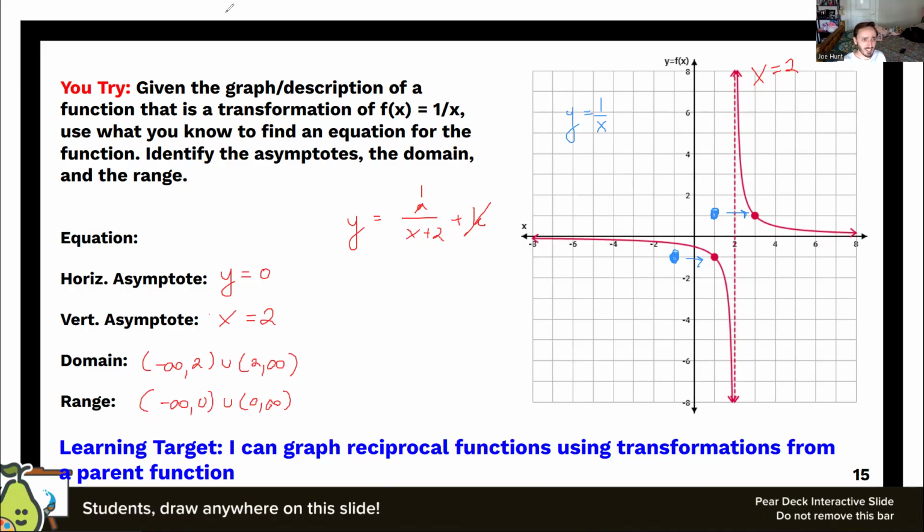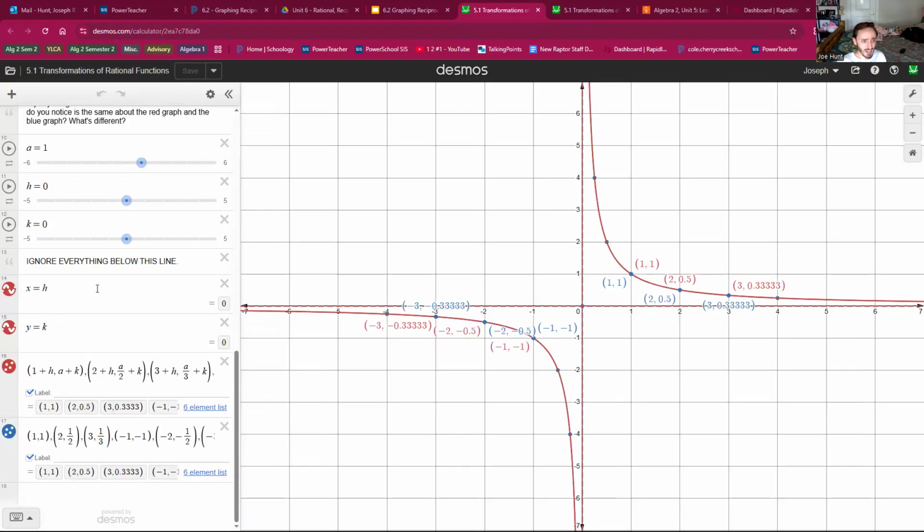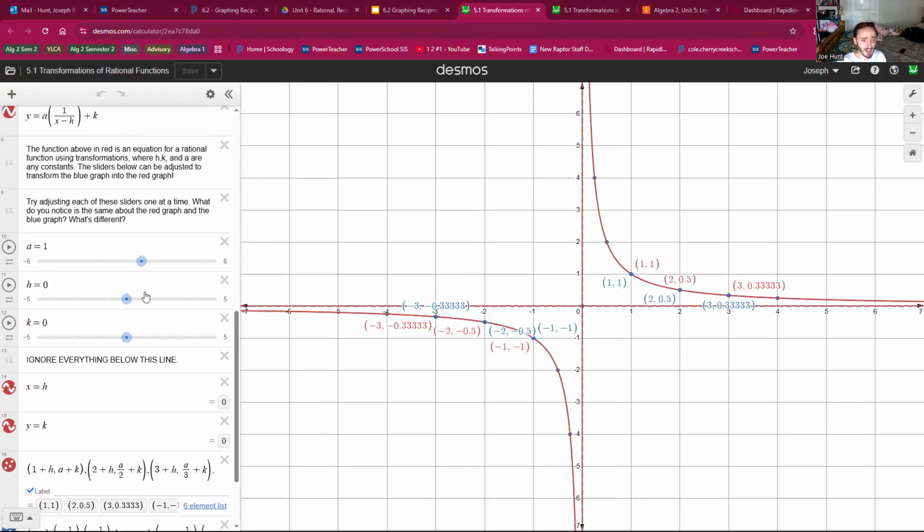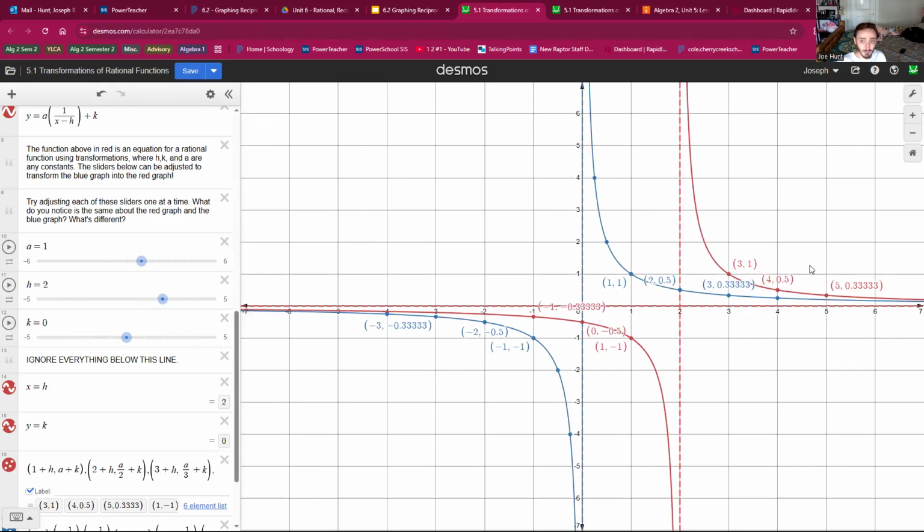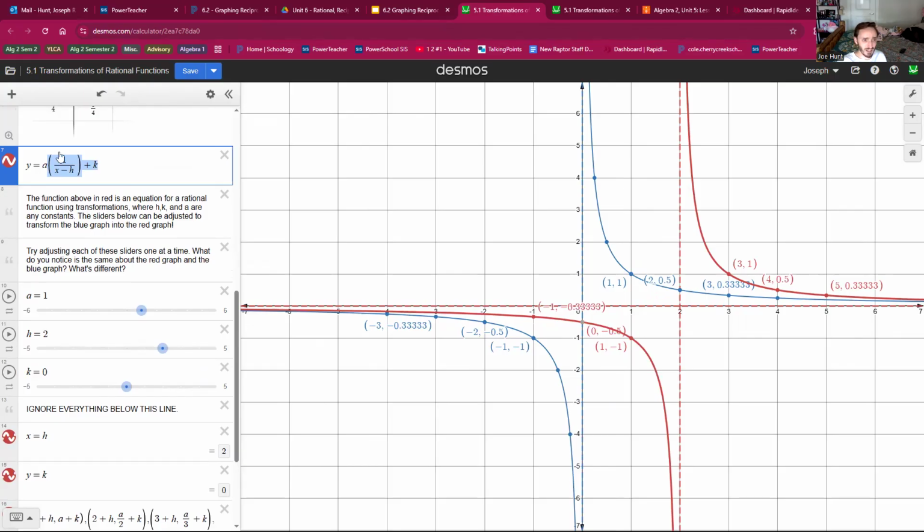Now, I'm going to switch over to my Desmos activity real quick just to show you what this is going to represent. If I take a look at some of my sliders, where I've got A, H, and K, and I write, say, h equals 2, that definitely shifted the graph in red to the right 2 compared to the graph in blue. But if I look at my transformation template here on the left-hand side, if h is 2, this would look like x minus 2, and it goes right 2 units.